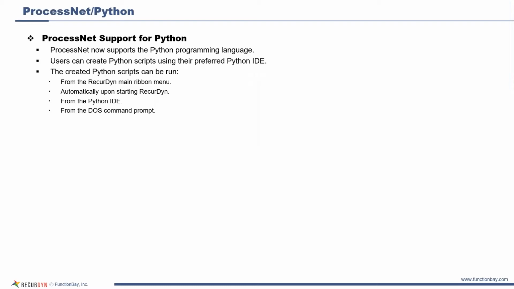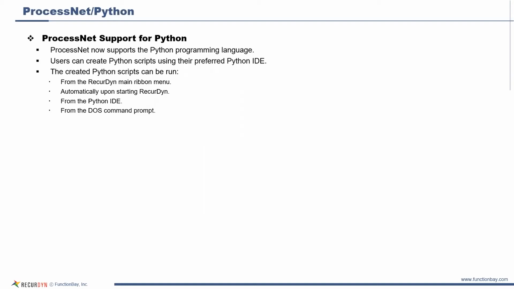Users can create Python scripts using their own Python IDE. Once they create those scripts, they can be run from the RecurDyn main ribbon menu. They can also be automatically started when RecurDyn starts up, and they can also be run from the Python IDE.